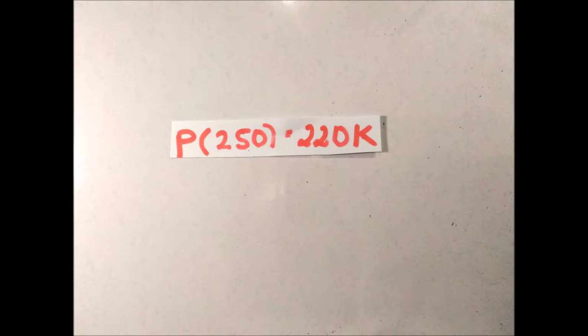Now, we can substitute x with the values that we have solved for. Well, where did 250 come from? You might be asking. Well, 250 is the maximum number of rooms that the apartment complex can hold. However, that only gives us a profit of $220,000 or pesos or whatever the currency is.